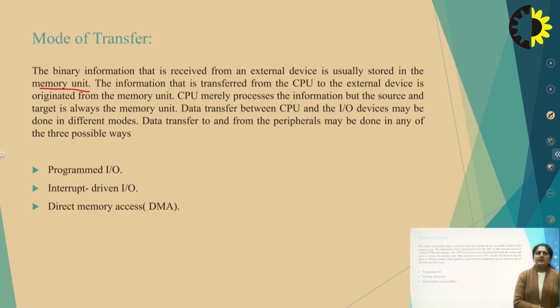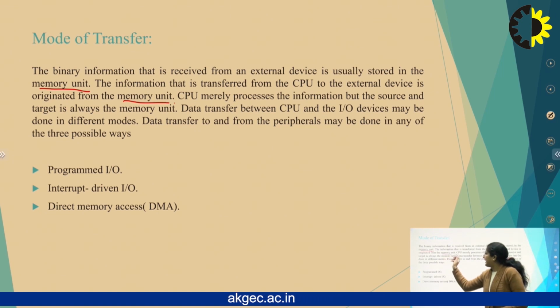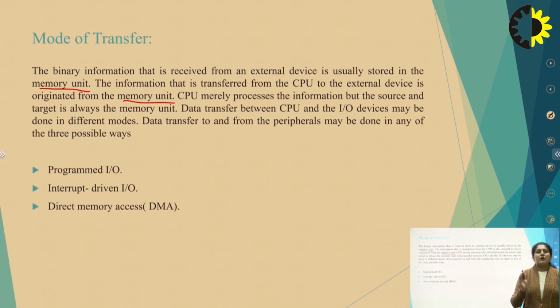The information that is transferred from the CPU to an external device originates from the memory unit, and the CPU merely processes the information. The source and the target is always the memory unit.